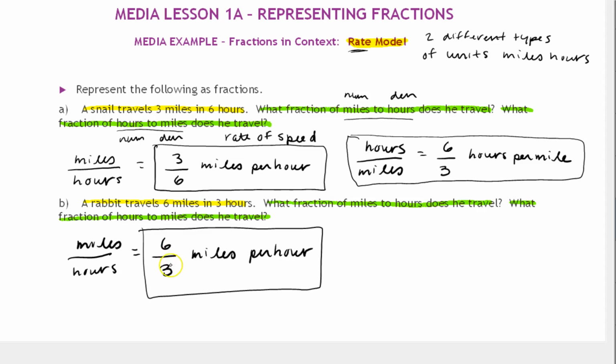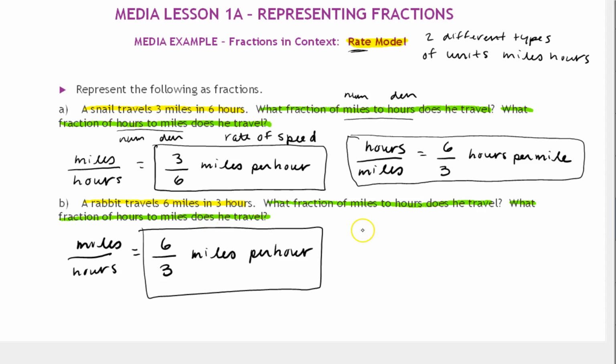The rabbit is going 2 miles per hour. Remember, the snail was going 1/2 of a mile in an hour. So the rabbit is actually going 4 times faster than the snail. I'll let you think about that, okay? Because in 1 hour, the rabbit would go 2 miles, and the snail would only go 1/2 a mile. So that would be 4 half miles and 2 miles.